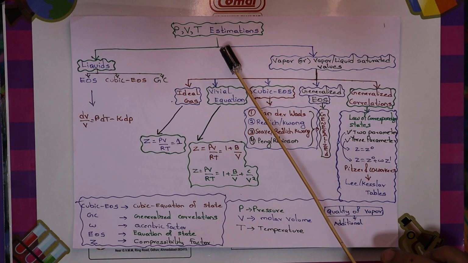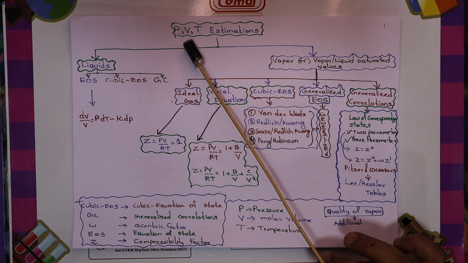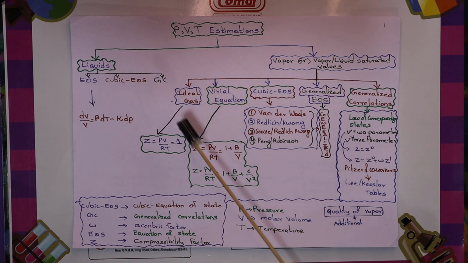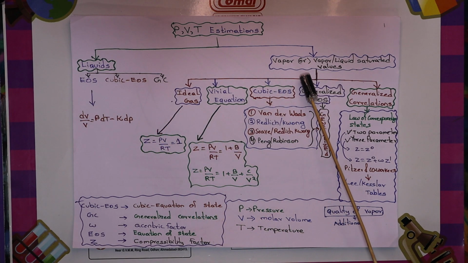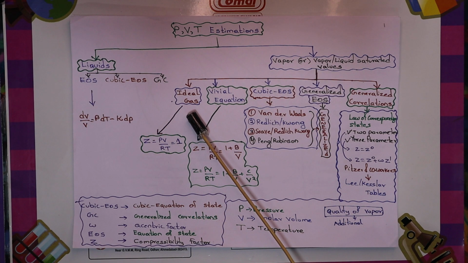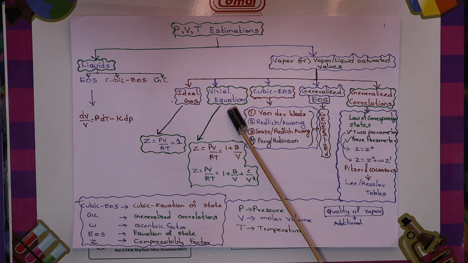We are in the chapter of finding the volume of a gas or a liquid at a given pressure and temperature conditions. Now we have covered the liquids, and in the gases, estimation of volumes, we have covered ideal gas as well as the virial equation.